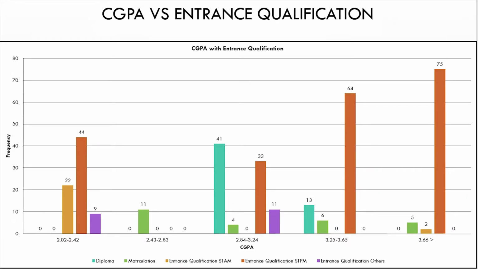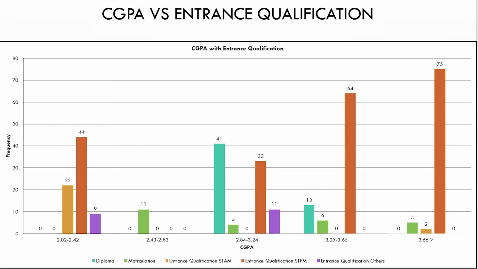For the graph of CGPA versus entrance qualification, for the range 2.02 until 2.42, the highest is 44 students from STPM, while for 2.43 until 2.83 CGPA, the highest is from matriculation. For 2.84 until 3.24, the highest is from diploma.